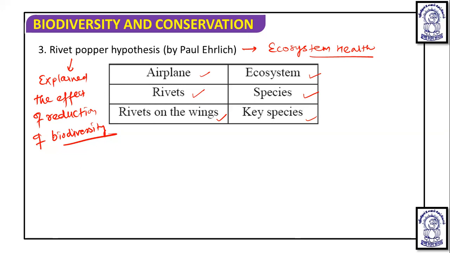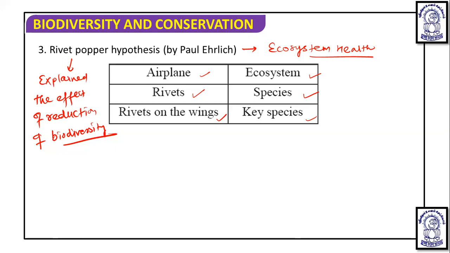These organisms have no role in biocontrol. They are neither producers nor decomposers of any ecosystem. Therefore, their extinction would not affect the functioning of the ecosystem in any way.